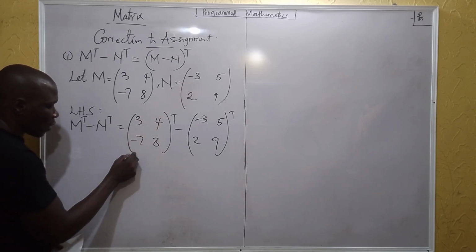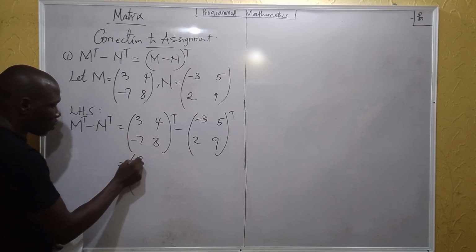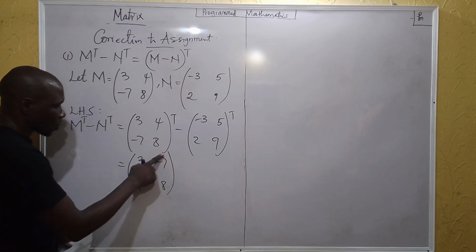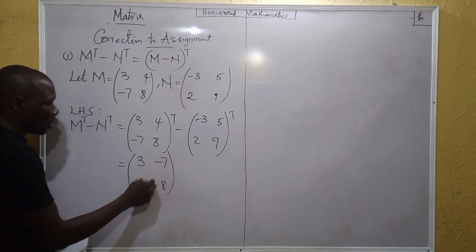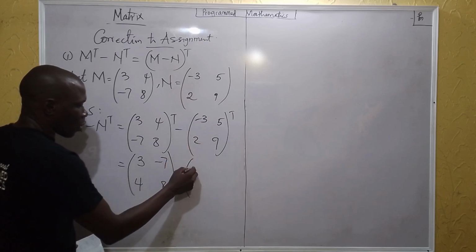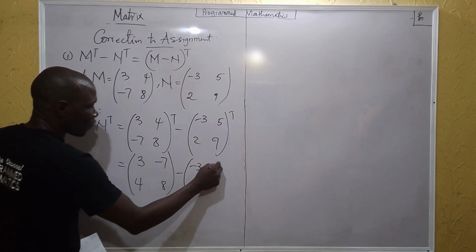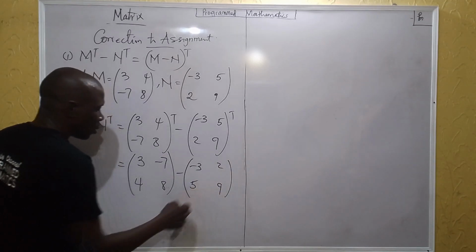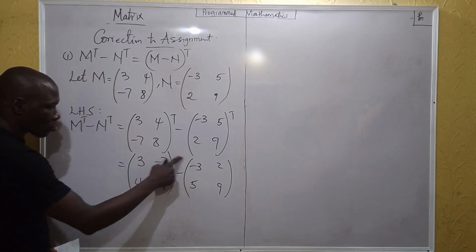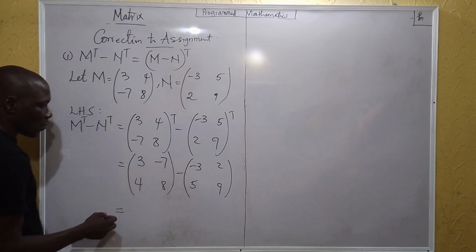The transpose of M becomes 3, 4, minus 7, 8, and the transpose of N is minus 3, 5, 2, 9. When we subtract matrices, we subtract according to the positions of the elements.